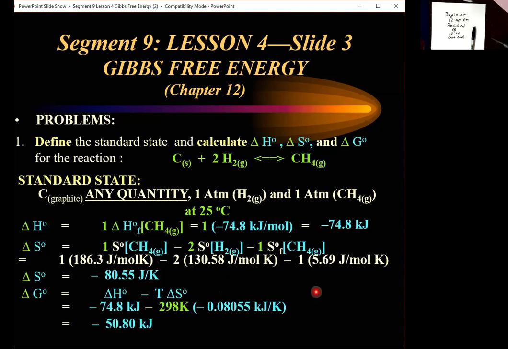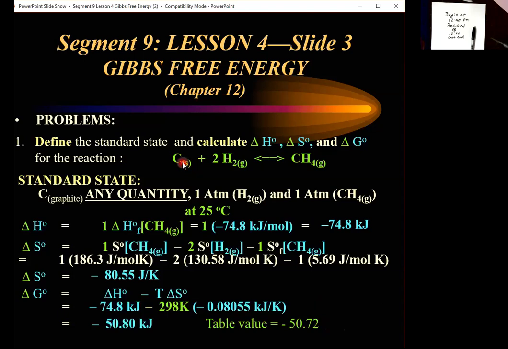So I'm calculating delta G at 298 to be minus 50.84. And the true value from the table values, taking delta G of formation of products minus reactants, is minus 50.72. Now, generally, we don't expect perfect agreement with this, especially when you're involving solids in the reaction.